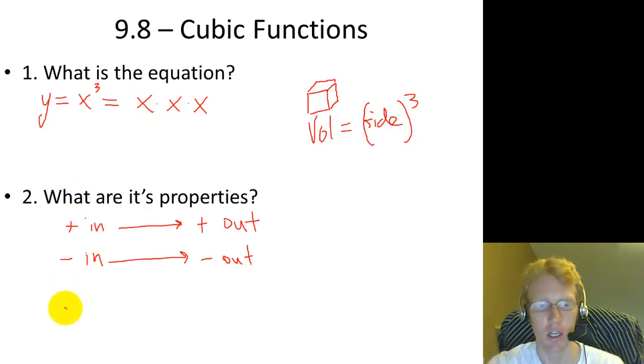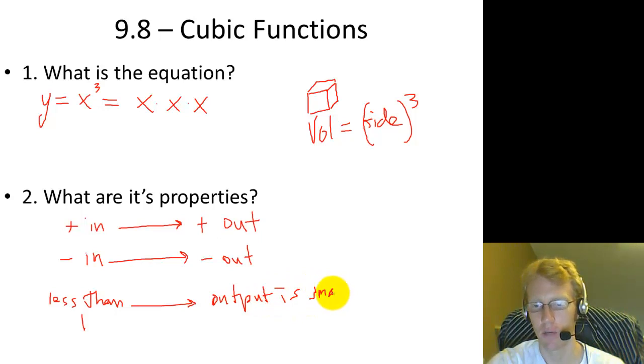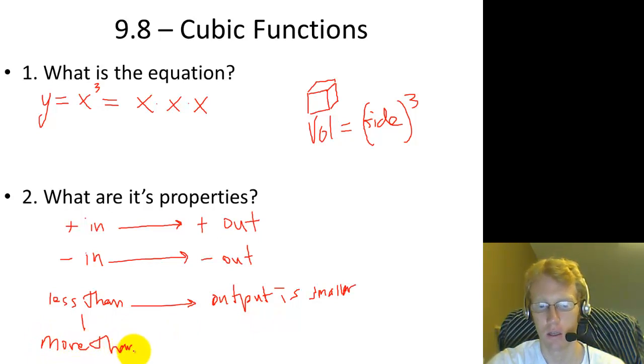Some other things are, if you put in a number less than 1, what are you going to get out? When you take a number less than 1, either positive or negative, and you multiply it by itself, it gets smaller. The output is smaller. Sorry, my handwriting is messy. I haven't done this for a while. And then if you do something more than 1, the output grows really, really quickly.